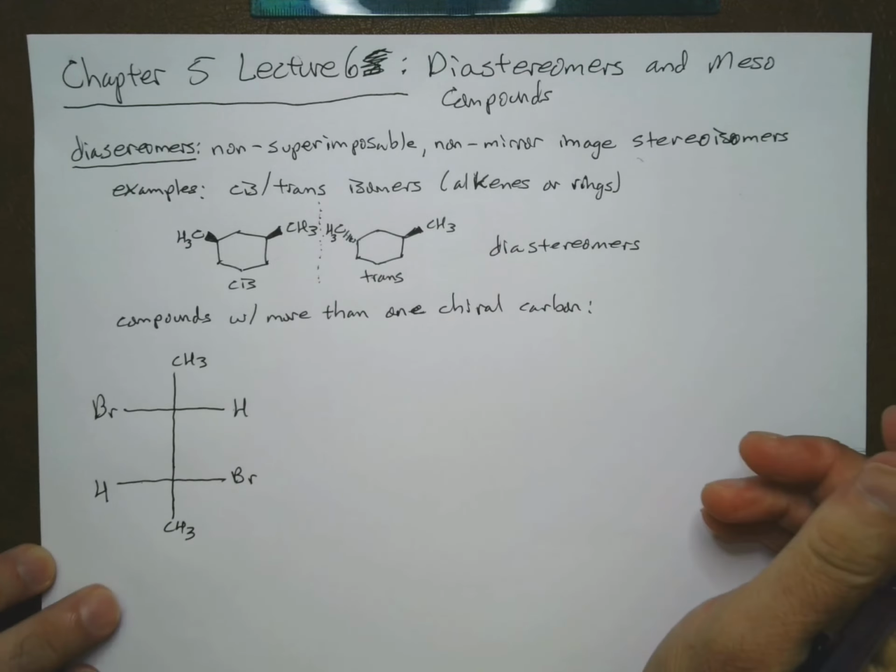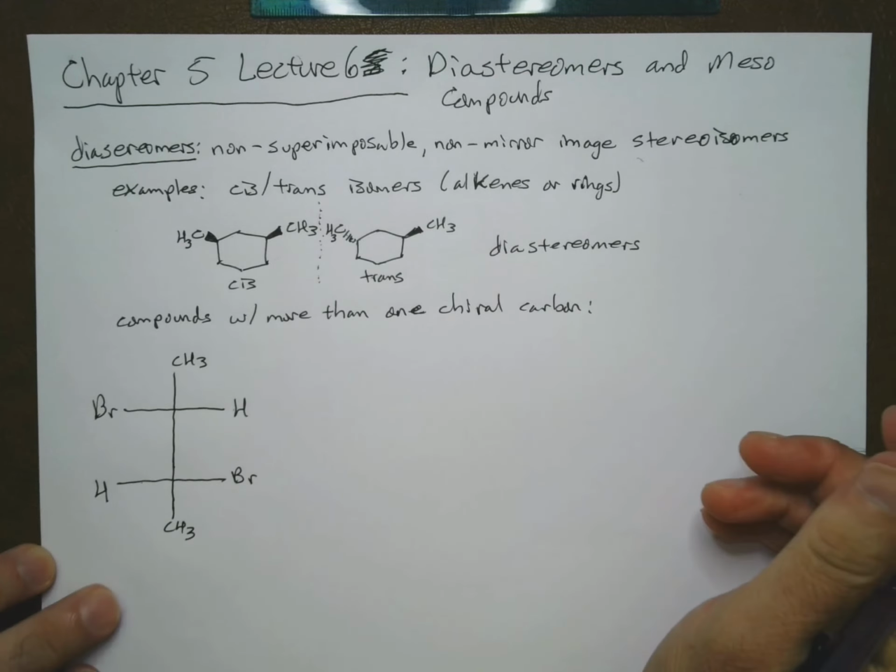So in this case, if we wanted to label these guys, this would be 2R, 3R, 2,3-dibromobutane. And this would be 2S, 3S.